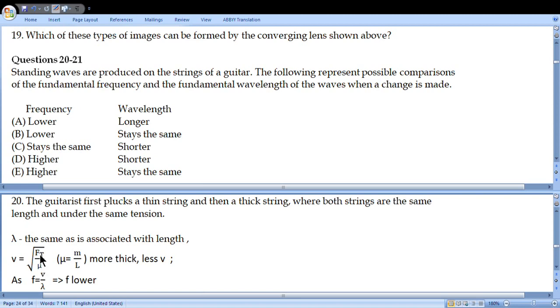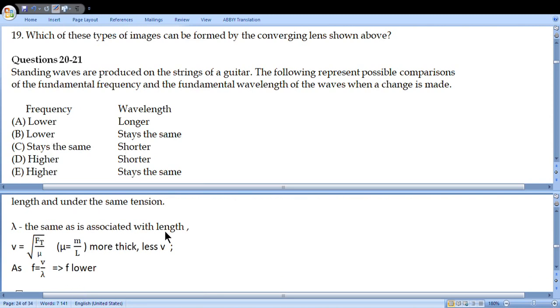Thicker, so tension doesn't change, but thicker means more mass per length, so mu increases, velocity decreases, frequency equals velocity over lambda, so frequency also decreases or becomes lower. So we have wavelength doesn't change and frequency lower, so it is B.